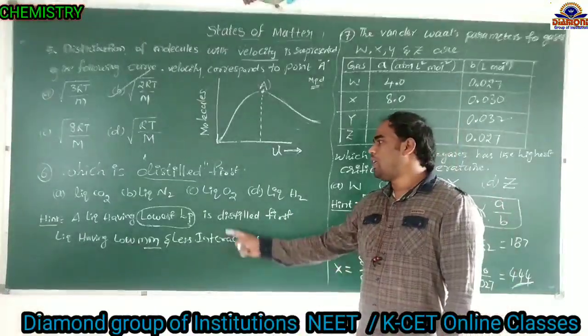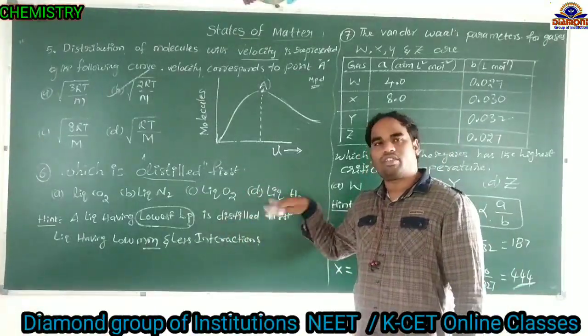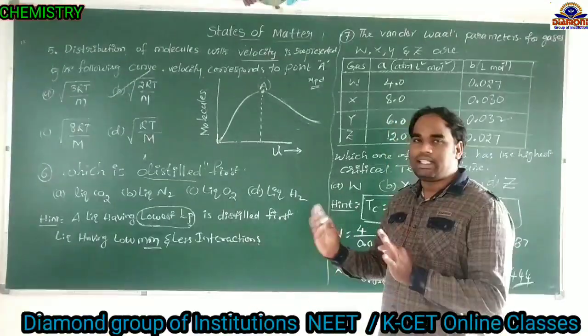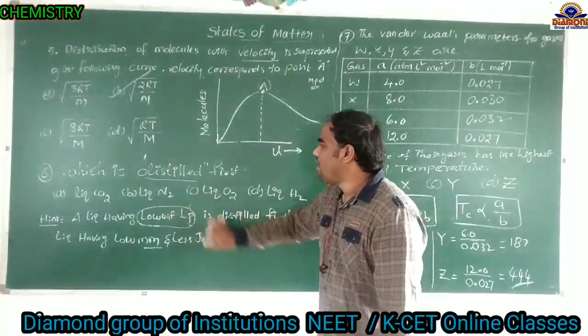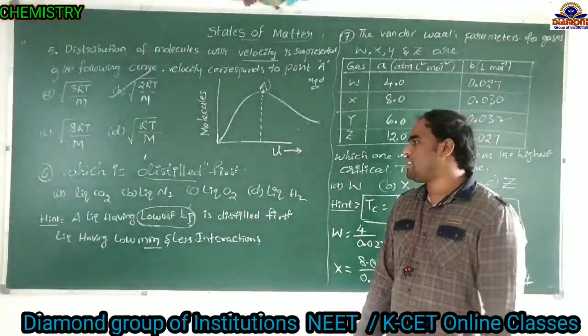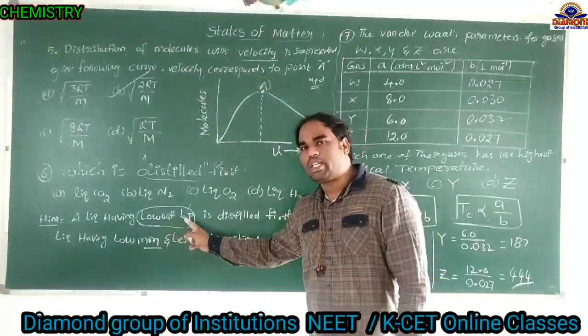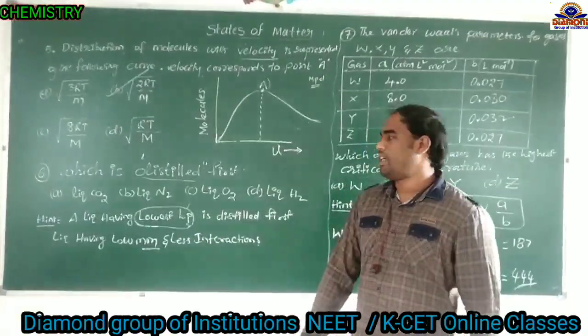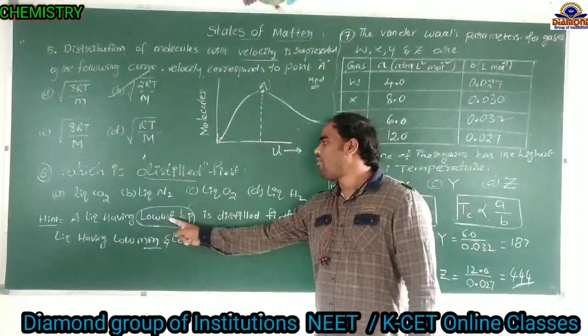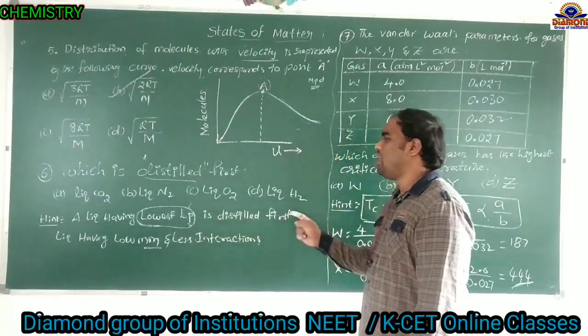Okay. So if any options are given, we have to find out which one has the lowest boiling point, because a liquid having the lowest boiling point first undergoes distillation.